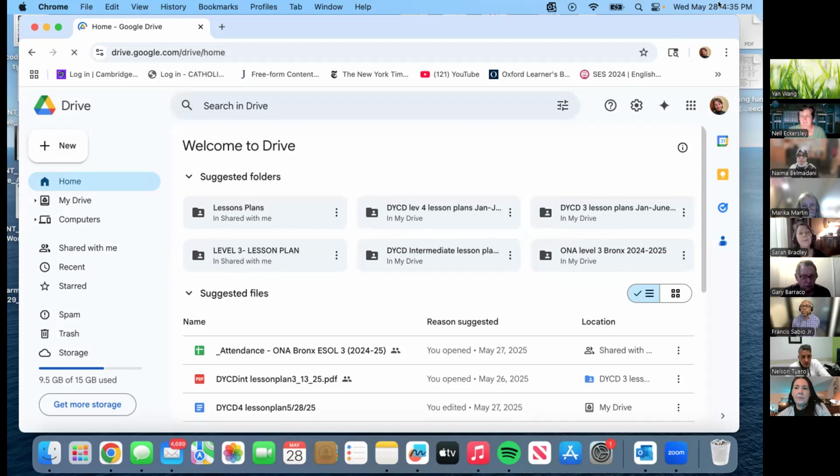And in the past, when I had to submit my lesson plans, I was honestly just kind of randomly trying to figure it out. I didn't understand the difference between My Drive and Shared with me. Anyway, now I know.